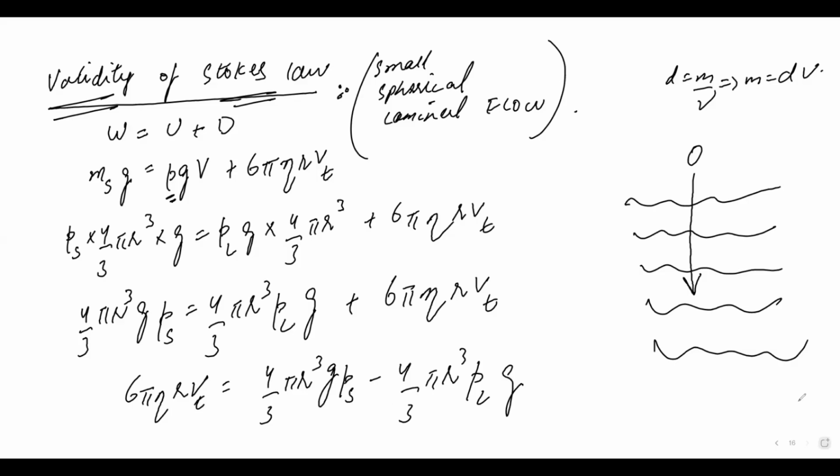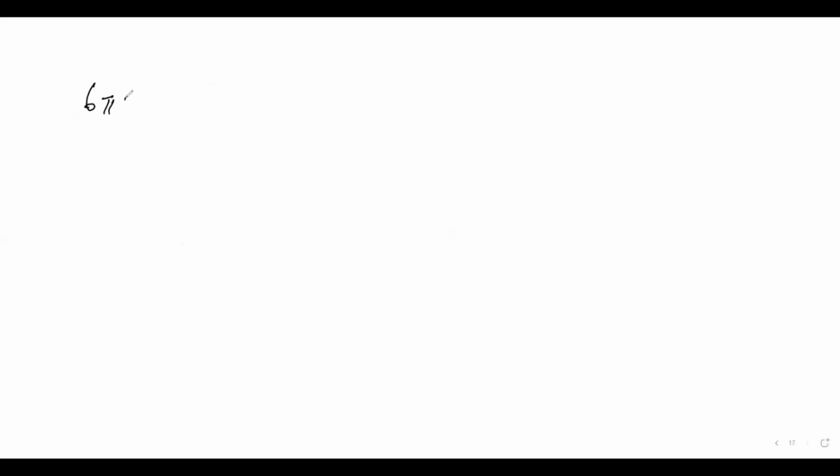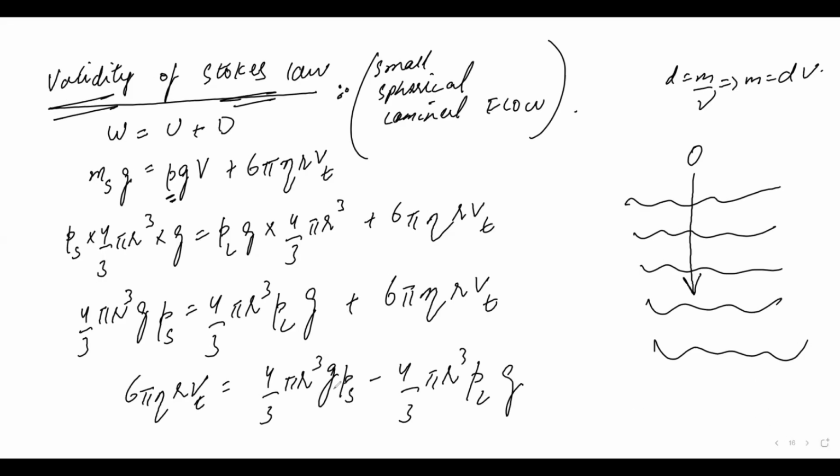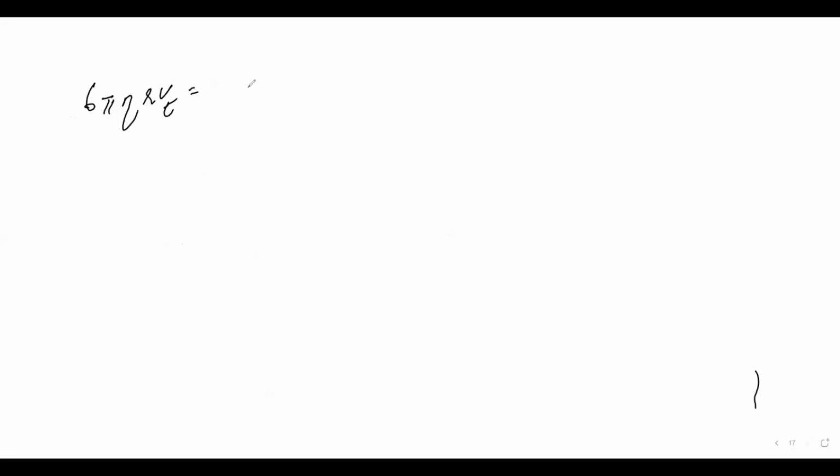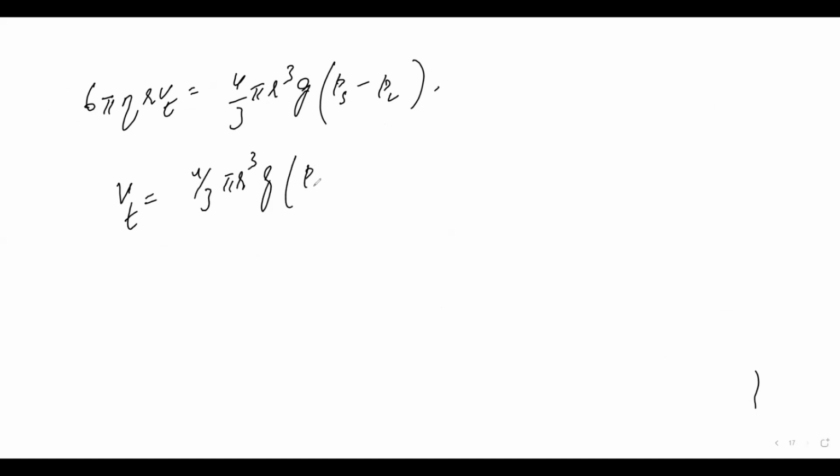Now I can factor out 4 by 3 pi r cubed g, and that comes out to be the density of the solid minus the density of the liquid. So the terminal velocity comes out to be 4 by 3 pi r cubed g times the density of the solid minus the density of the liquid, divided by 6 pi eta times r.